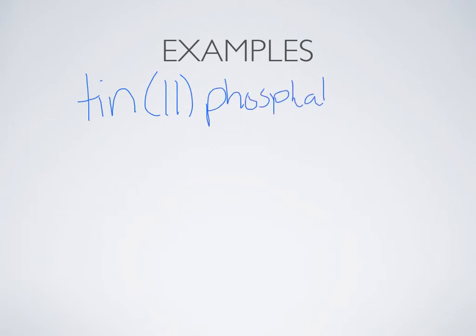So in the next example, we can go tin 2 phosphate. So tin 2 is Sn +2. Phosphate is PO4 -3.